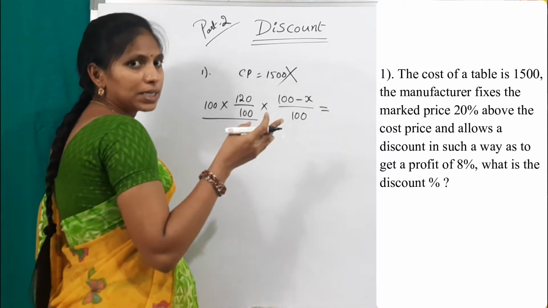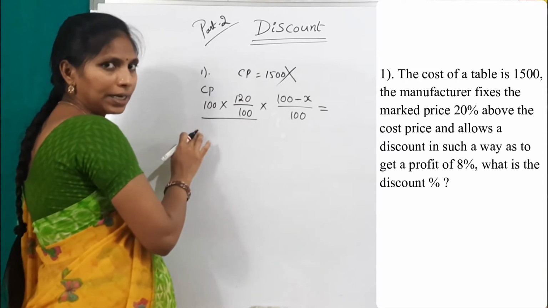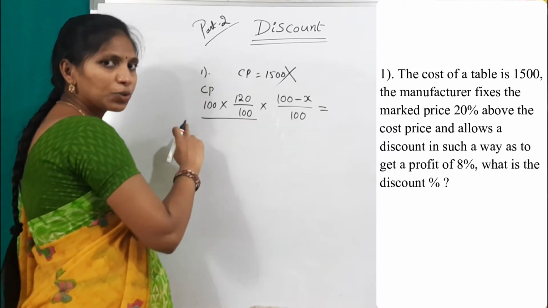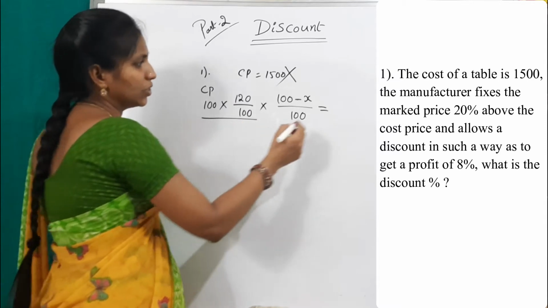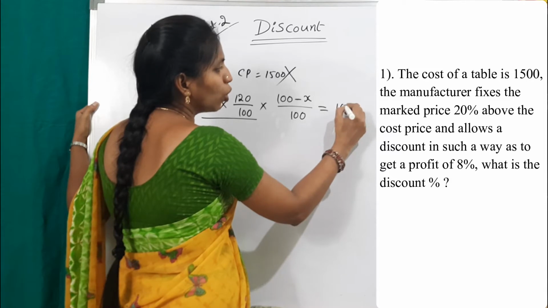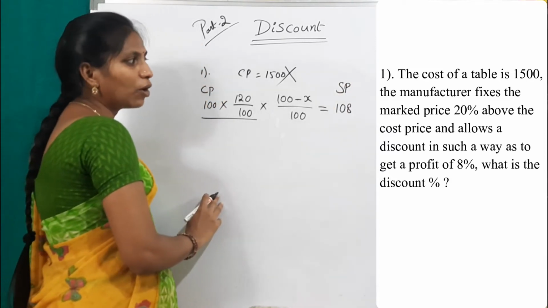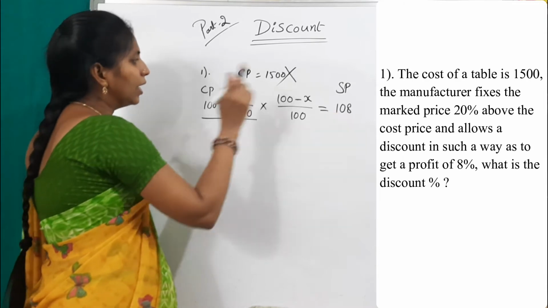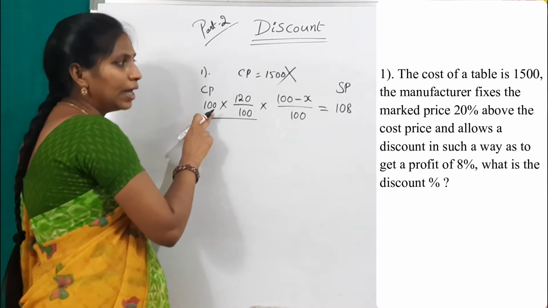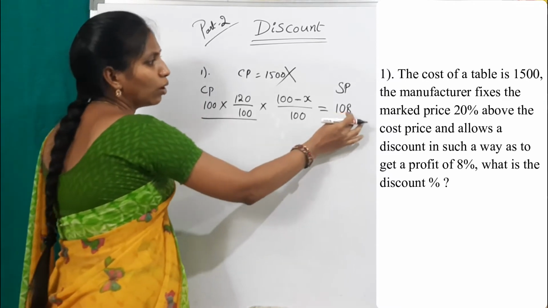Profit is 8%. Profit 8% means, with cost price 100, cost price plus profit is the selling price. The given profit is 8%, the cost price is 100, so the selling price is cost price plus profit, so 108.